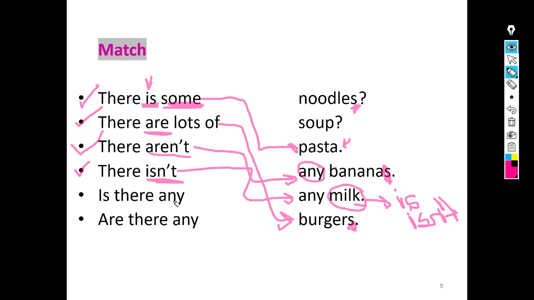Is there any soup? Question mark. Or noodles? Which one is the singular form of the noun, noodles or soup? Yes, soup is the singular form, because we haven't got any plural form of soup, we cannot count it. So it is "is". Is there any soup?